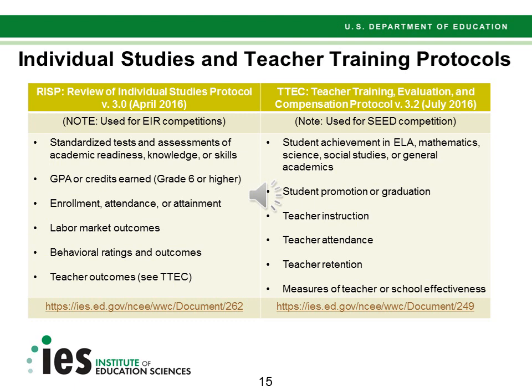Student promotion or graduation, quality of teacher instruction, teacher attendance, teacher retention, measures of teacher or school effectiveness such as value-added measures. More information, including the full text of each study review protocol, is provided on the WWC website at the links provided on this slide.